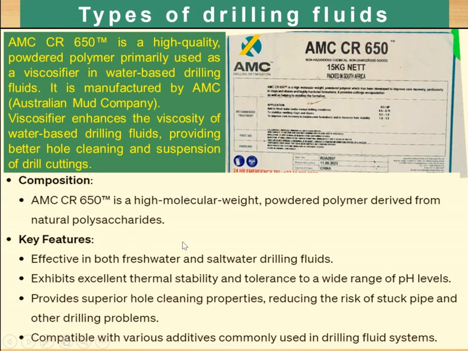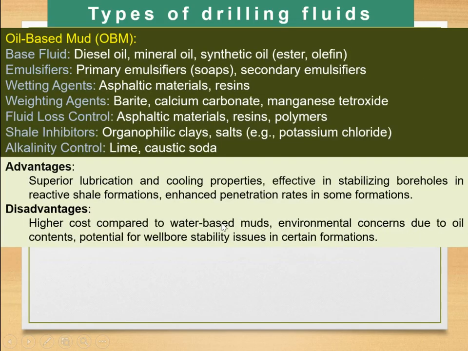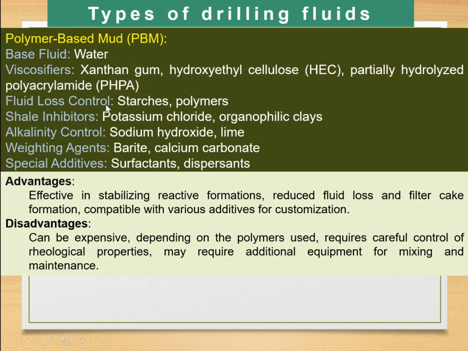Again you see polysaccharides, this is also polymers. Fluid loss control by starches, polymers, cellulose, again potassium chloride, organophilic clays, alkalinity control, sodium hydroxide, lime. Weighing agents same as used before, barite, calcium carbonate, surfactants and dispersants as special additives here.